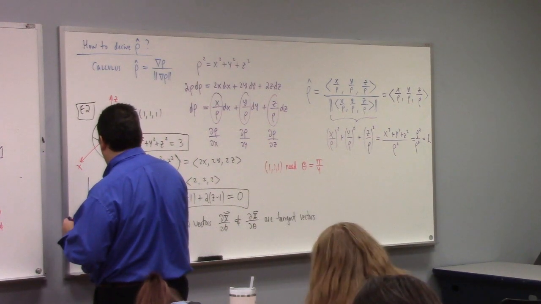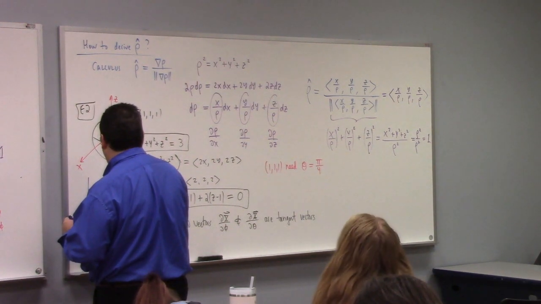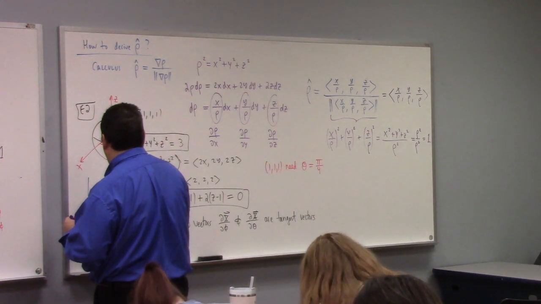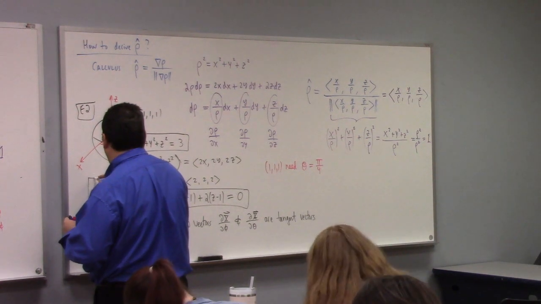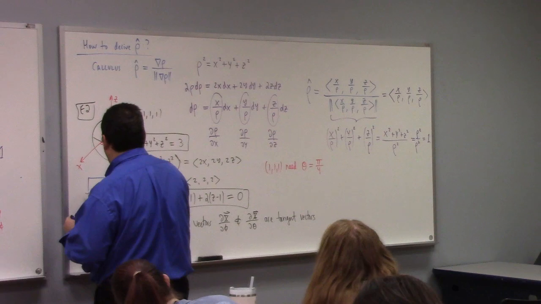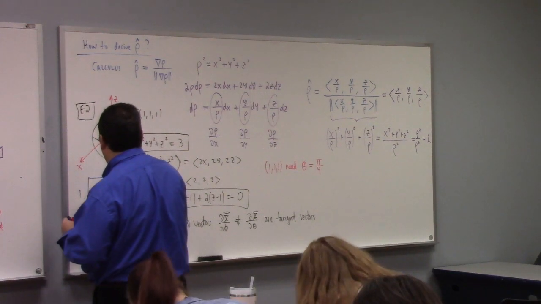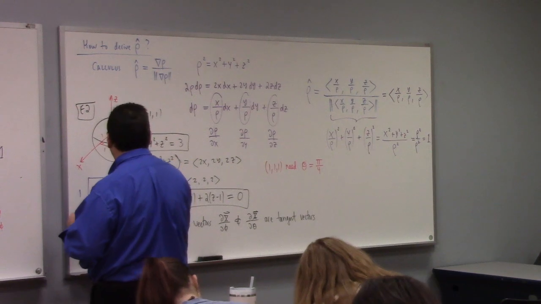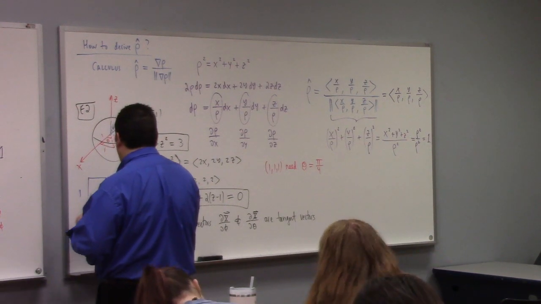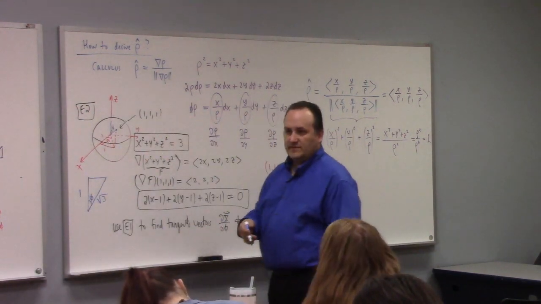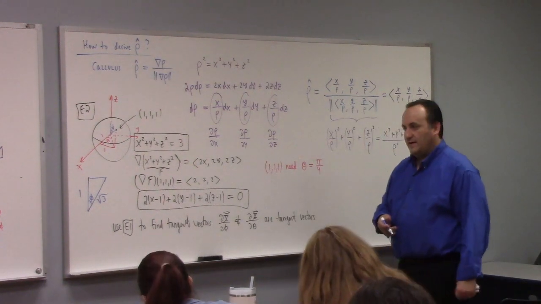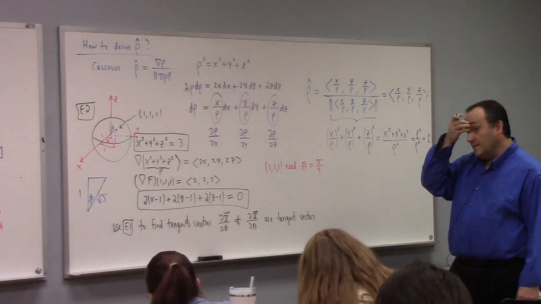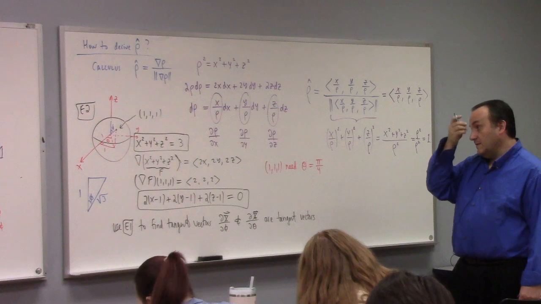This angle is phi. So we've got 1 for the z. This distance is root 3. That's enough. That's all we need. Once we know that, we can figure out what phi is, right?